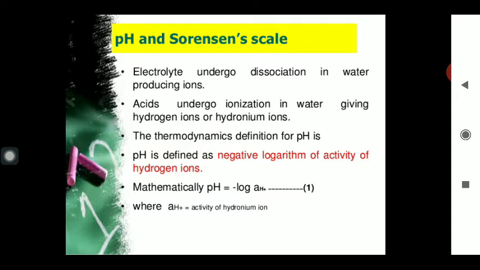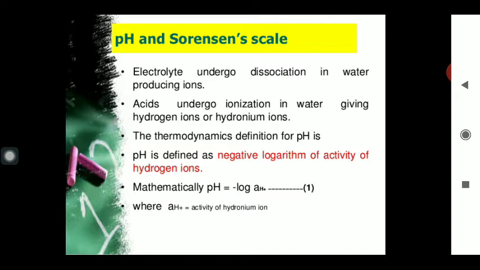The negative log of these ion concentrations is counted as the pH scale. pH is equal to minus log H positive ion concentration for the acid, and in the case of bases, pOH is equal to minus log OH negative ion concentration.